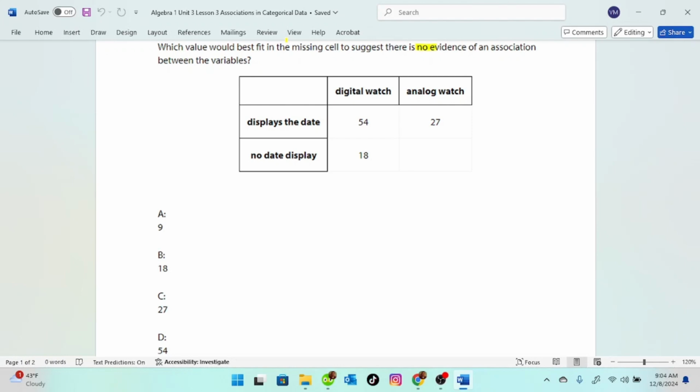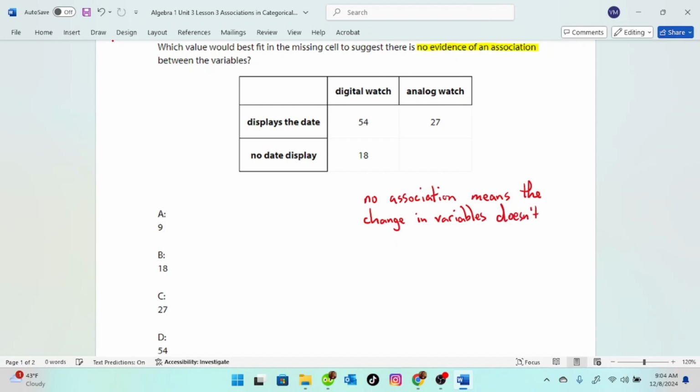So when they want no evidence of an association, no association means the change in variables doesn't change the likelihood of the outcome.